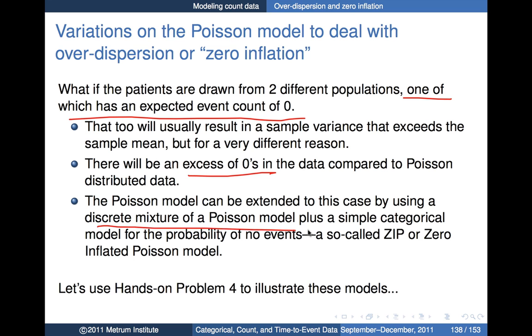So that's what we're talking about right here. And that is often termed a ZIP model, which is an acronym for zero inflated Poisson. So that's the other situation that can lead to a category of overdispersion, but it's probably better to distinguish between those two categories.